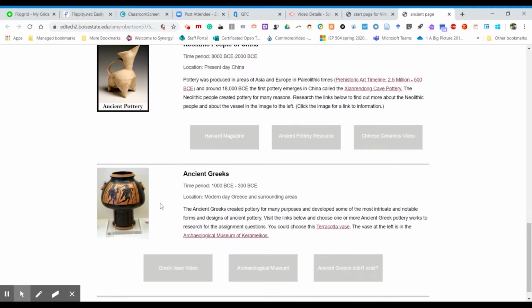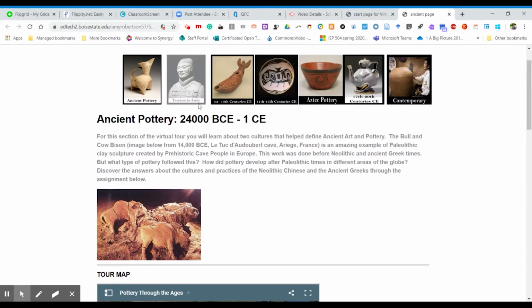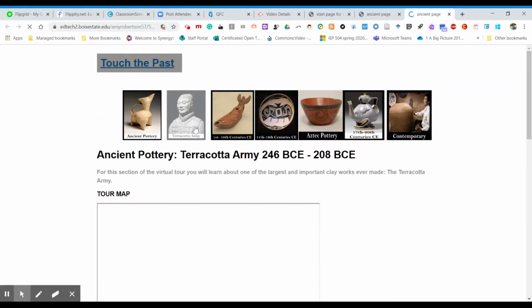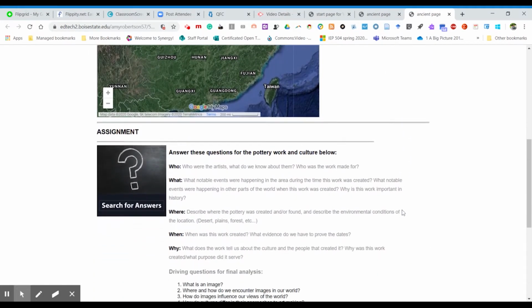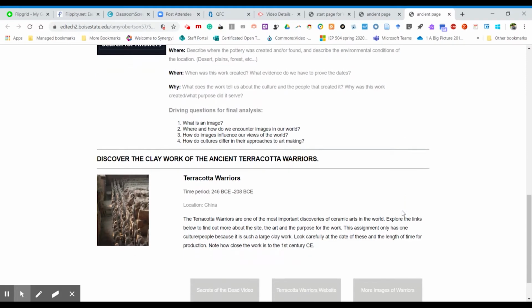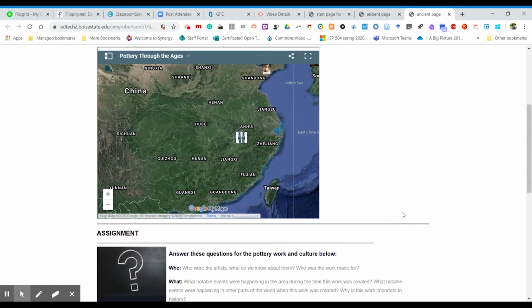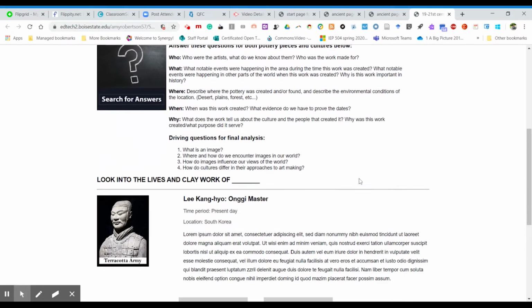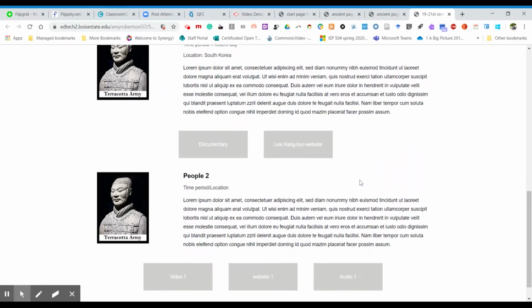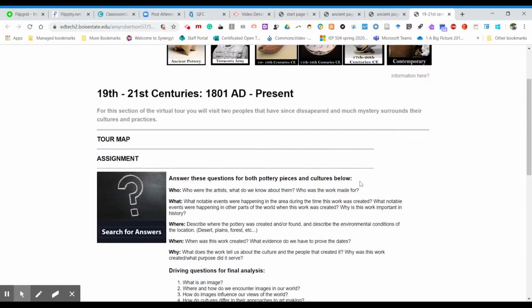And boy, it's really hard to capture the history of ceramics in one website. But what I did was I made it a project-based learning activity, and I divided the time periods of art history regarding ceramics into different pages. And at the very top, you can see that there are a variety of different time periods, and the activities are very clear underneath.